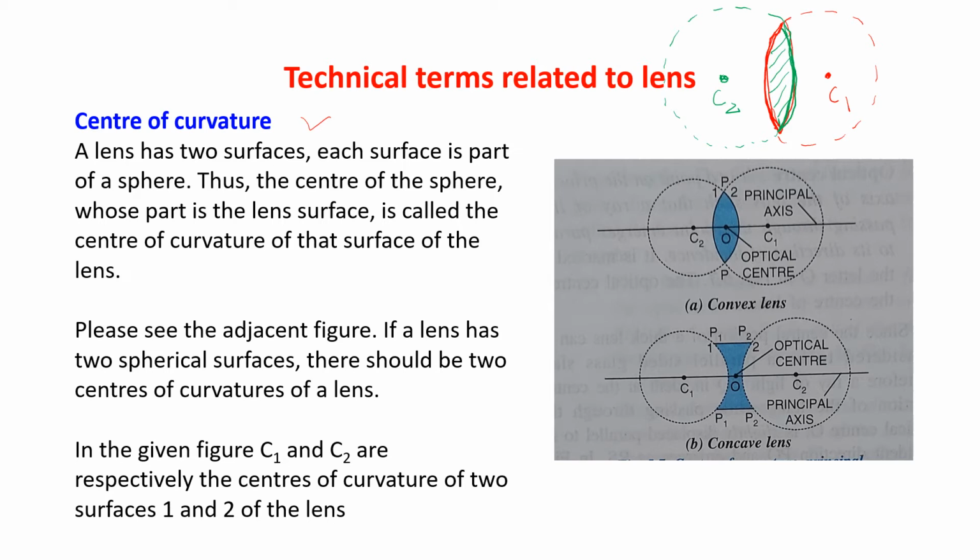In this figure, this C1 and C2 are respectively the centers of curvature of surface 1 and surface 2. Now this is surface 1 and this is surface 2. I hope I am clear to you. Is it okay, children?